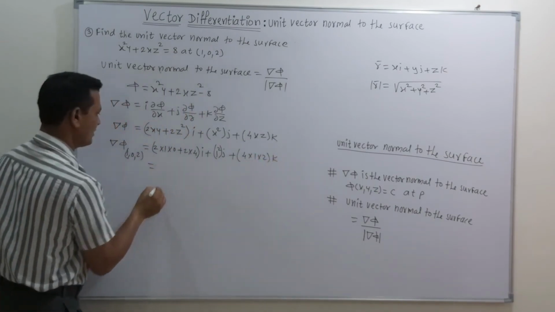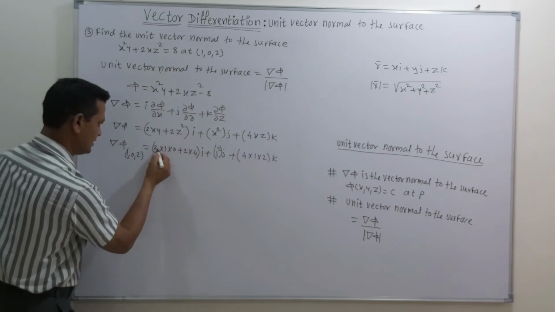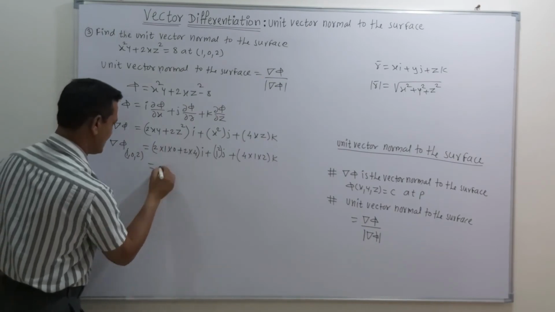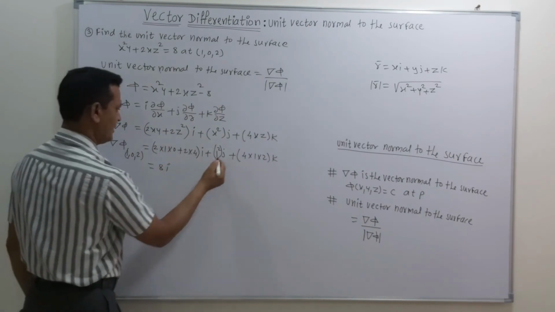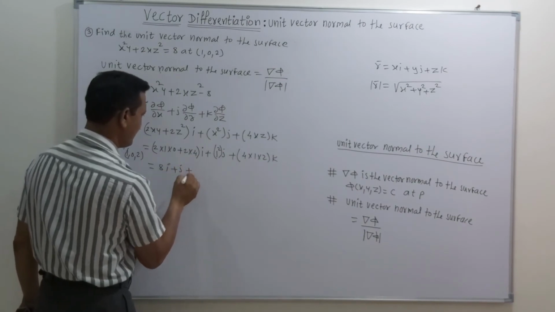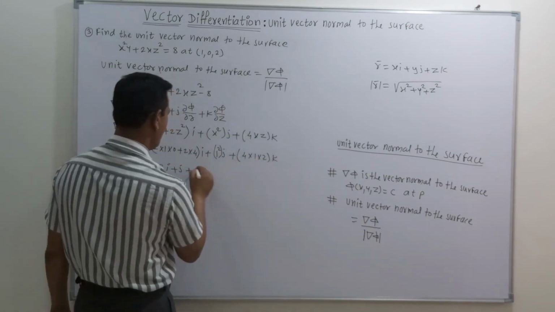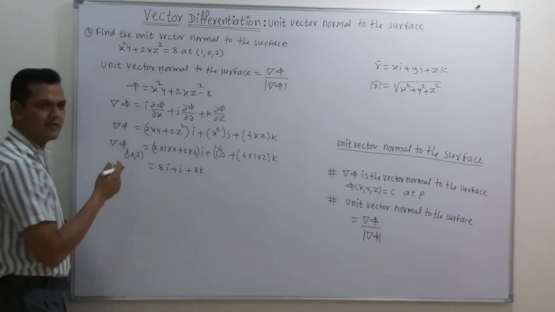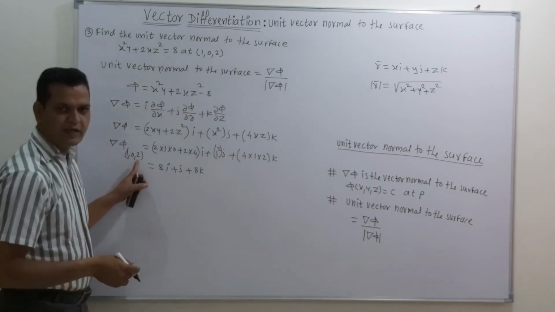If we simplify this, we get 0 into something is 0, plus 4 into 2 square is 8i, plus j, plus 4 into 2 is 8k. So this is the value of del phi at the point (1, 0, 2).